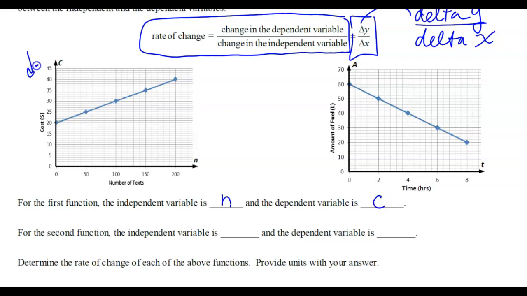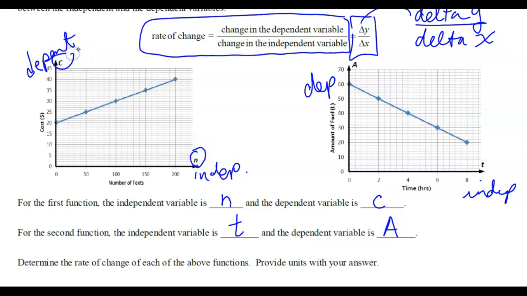So this is dependent on this, so that's independent. For the second, so again here, dependent, independent. The independent variable is time, and dependent is amount of fuel, which we used capital A. Just always look at what the labels are.